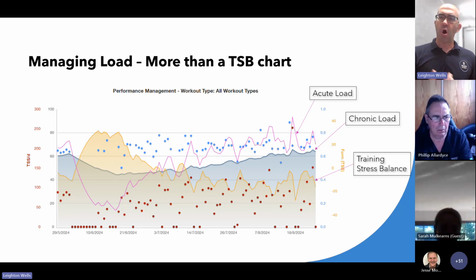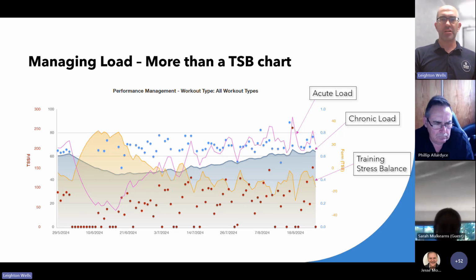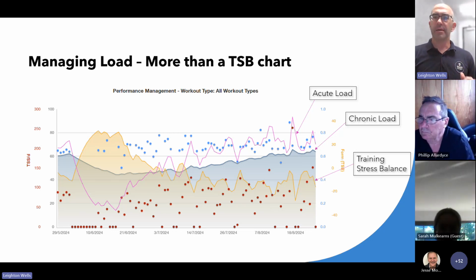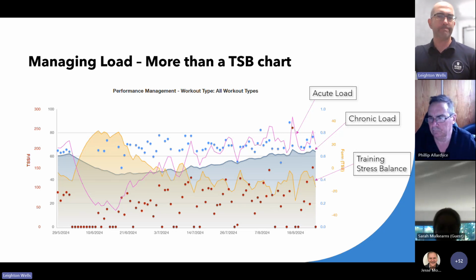So if the athlete's not adapting, or you're not seeing what you're expecting in terms of adaptations in this picture and other parts of Training Peaks or whatever training management system you're using, or perhaps the graph's not looking quite right, maybe it's because there's something else going on behind the scenes. So bear that in mind when you're looking at reports, that it's not just about the training data, it's also about other things as well.